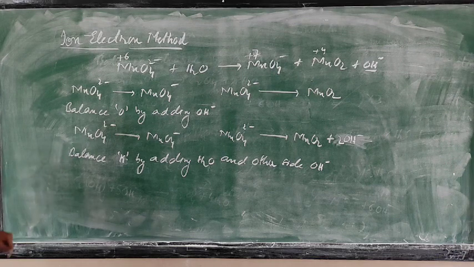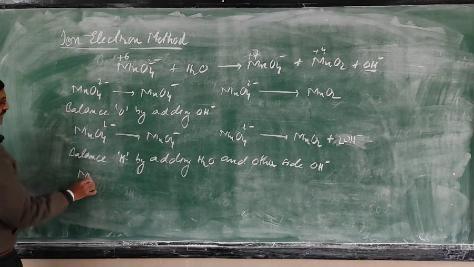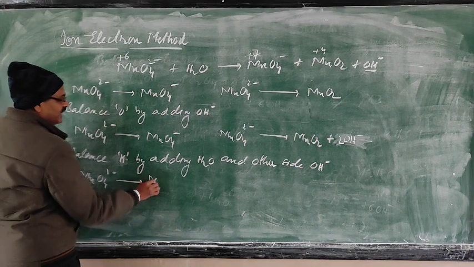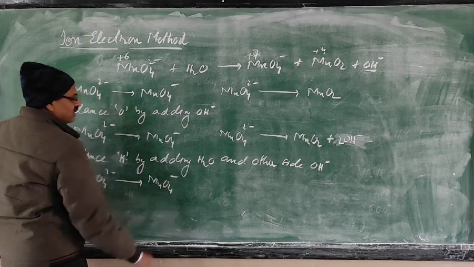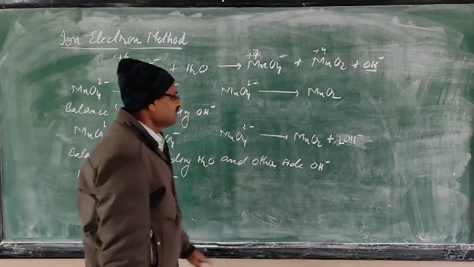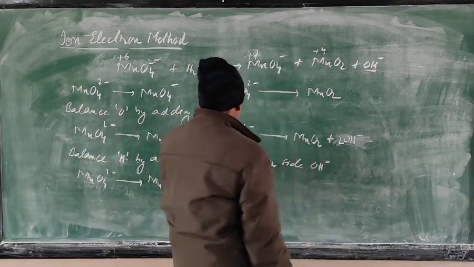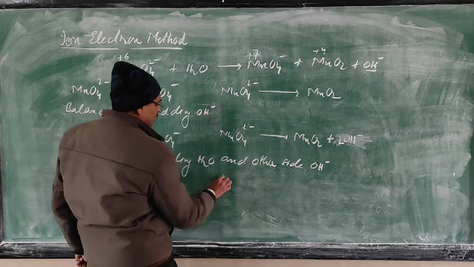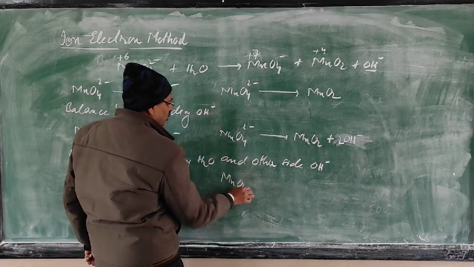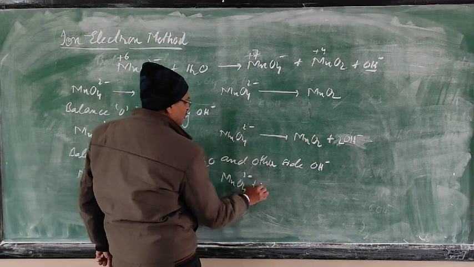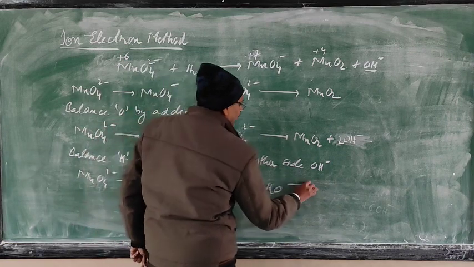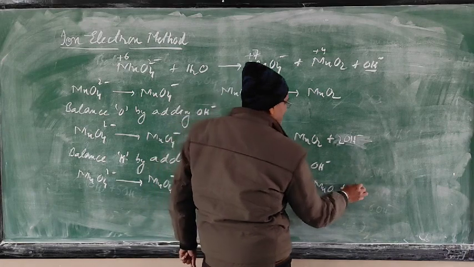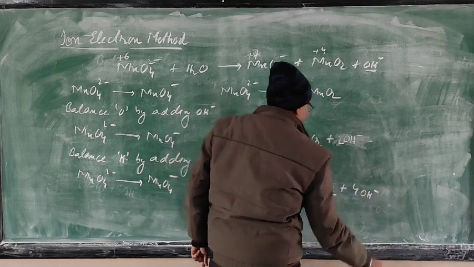So in this one hydrogen is not there, so directly we can write here, no problem. Here no hydrogen is there, and in that one hydrogen 2 are there, but here none. Then you write here 2 H2O and that side 2 OH. So MnO4 2 minus plus 2 H2O and that side you can write 2 OH, then this will become 4 OH.